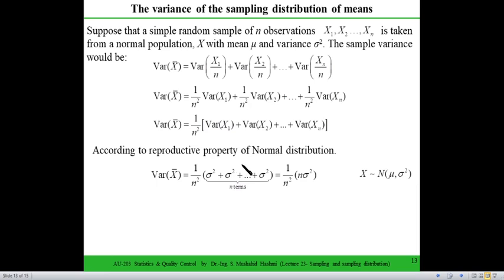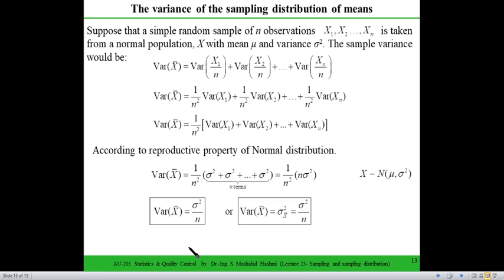So according to the reproductive property, all these variances for each sample would also be normally distributed, and their variance would be sigma square. So if you take the sum, it would be n times sigma square, and one n cancels out. So you get the formula for the variance of the sample mean: sigma square over n. Sigma square is the population variance, divided by the sample size. That is the formula which we have already seen in the previous examples.